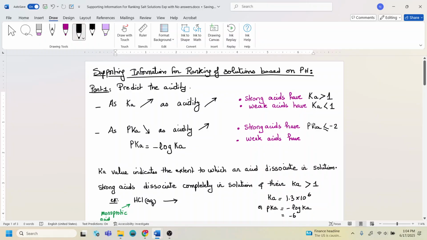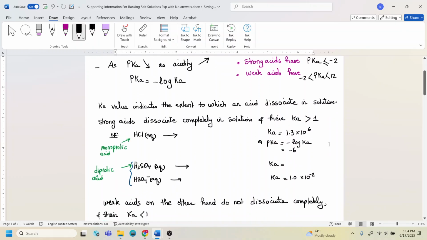So the smaller the number, the stronger the acid. And we expect that strong acids are going to have low pKa. Weak acids on the other end, their pKa is going to be in between -2 and 12. Okay, so as the pKa increases, you can see over here, the acidity is going to decrease, and we're expecting the solution to be more basic.